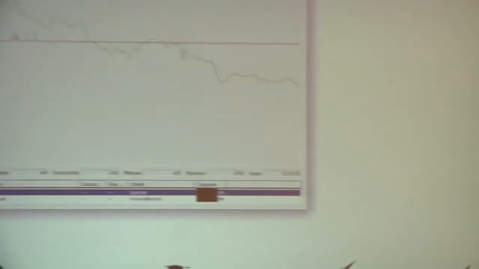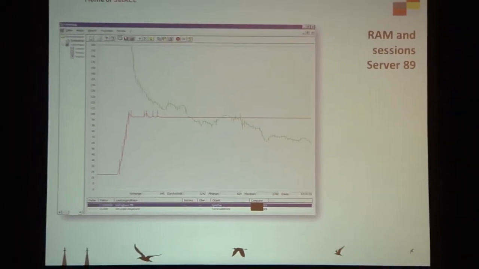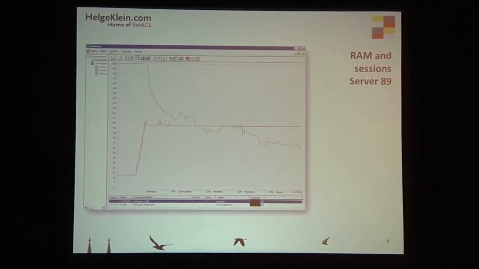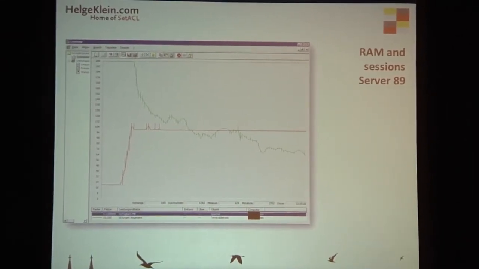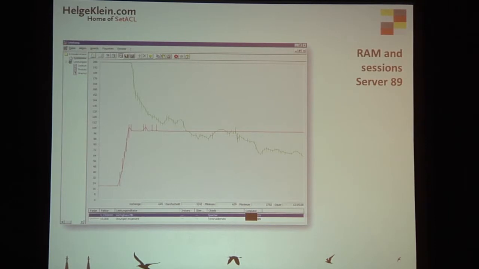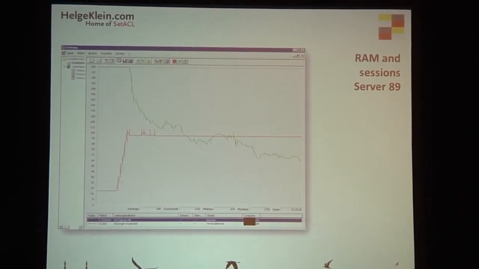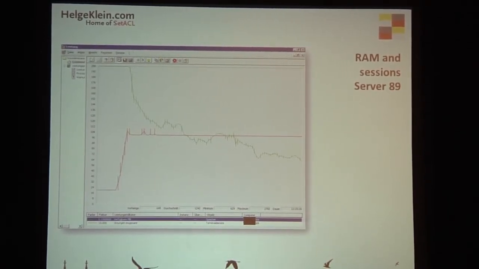So let's look at the second server again, and we have a similar graph. The numbers are not exactly identical, of course, but it starts very high and then goes continuously down. In this case, the number is probably 500 megabytes of free memory at the end of the day.